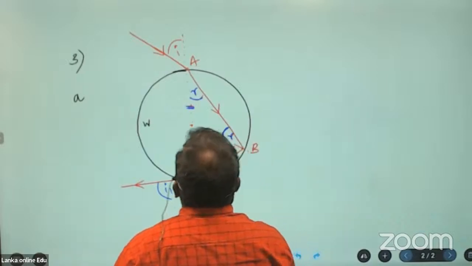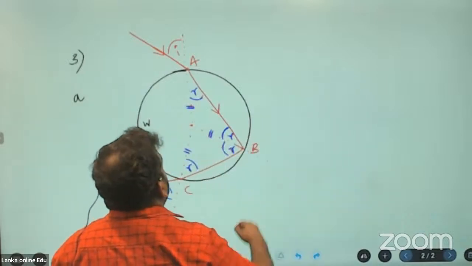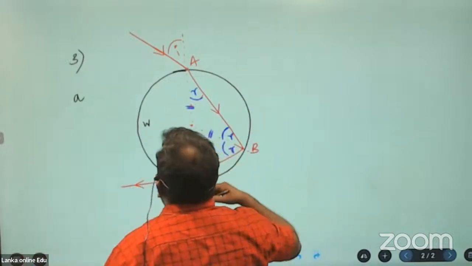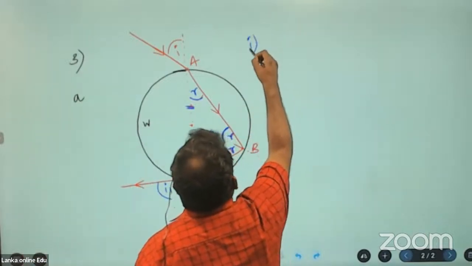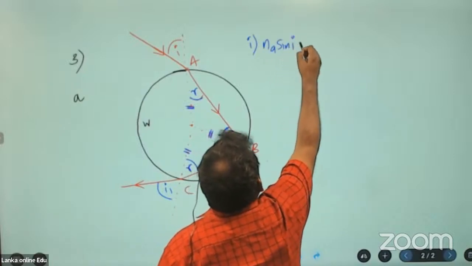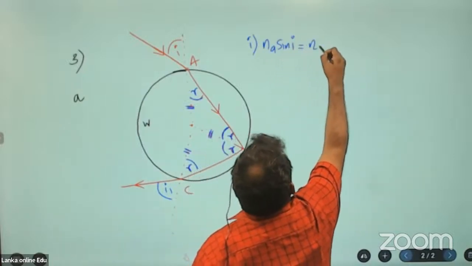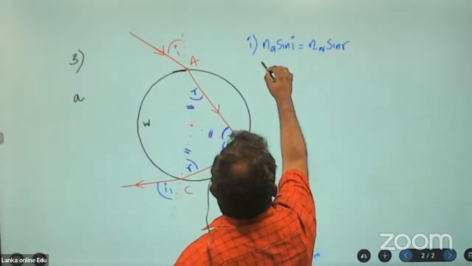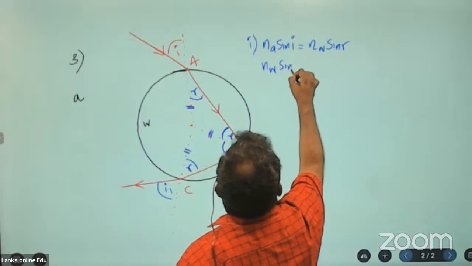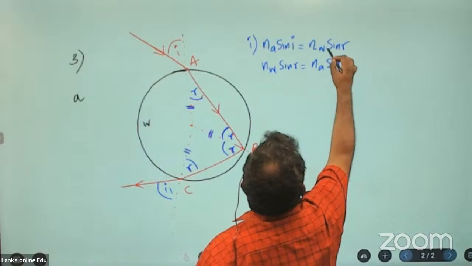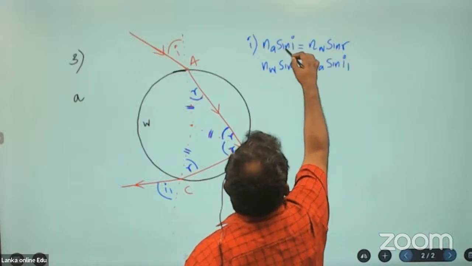So looking at this reversibility of light, Roman number 1, I think I can answer here. NA sin I equals NW sin R. Also here, NW sin R equals NA sin I1. These two are equal, so these two are equal.